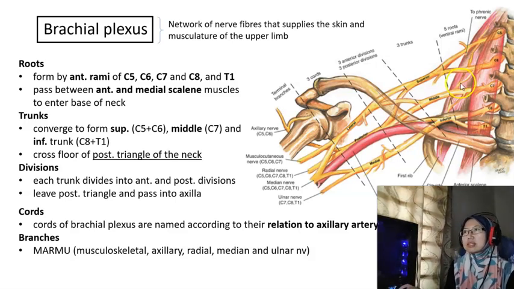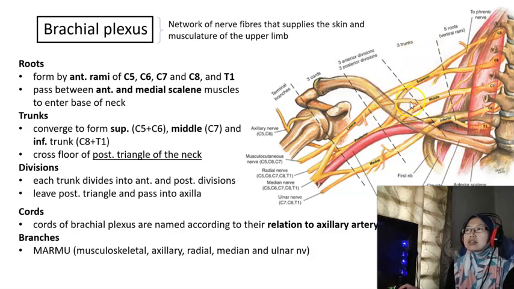Okay, so basic from the picture. Don't bother about the words from the picture. We have brachial plexus from C5 to T1, with 5 roots, then converge to become 3 trunks, superior, middle, and inferior.